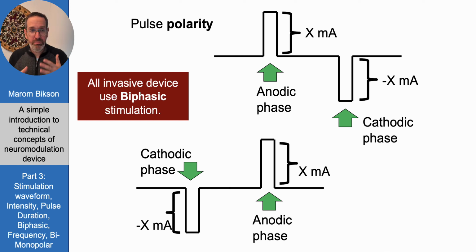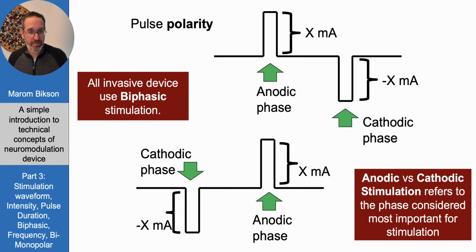So it has a cathodic phase first and then an anodic. When people talk about biphasic pulses, they will talk about anodic phase and they will talk about cathodic phase. This really needs to be defined in terms of one electrode. And all it means is, am I acting like an anode at this time or am I acting like a cathode at this time? Sometimes people will talk about anodic and cathodal stimulation by just referring to the first pulse, which is maybe a bit confusing when you have biphasic stimulation, but they'll say that the top example is anodic stimulation, while the bottom pulse is cathodic stimulation.